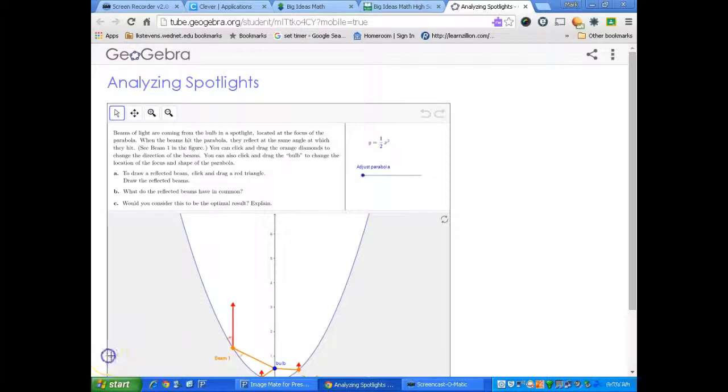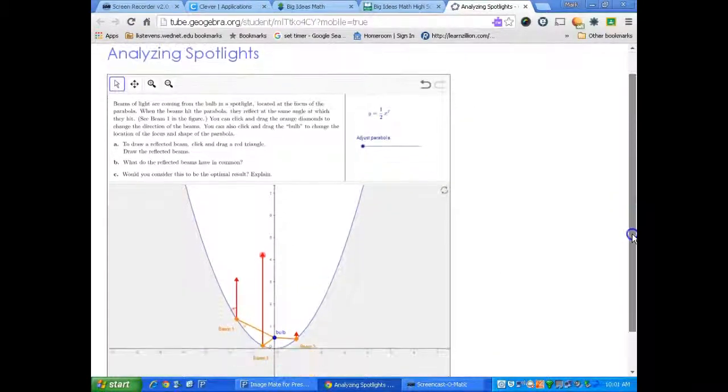So there we go. Taking a look at this one. Beams of light are coming from the bulb of a satellite. And this time, we're dragging here. And notice the beams coming from the bulb, they hit the parabola, and then they go out at that same angle that they came in. What happens with the beams?